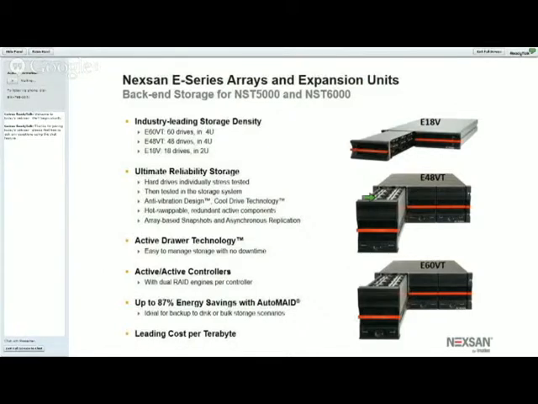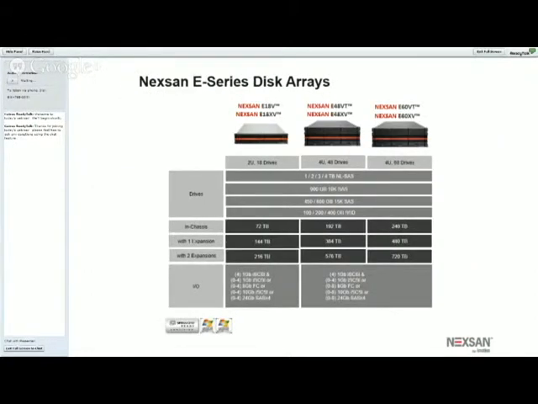I don't know that to be a fact because I've never measured it, but there are articles been written by third parties that say putting them to sleep is a good thing. We have never noticed any difference in terms of a fully active all the time versus a system that's using automate, but it's a very useful feature if you're looking to save some power and cooling money and you're building a large deep archive or something along those lines, or even for disk-to-disk backup.